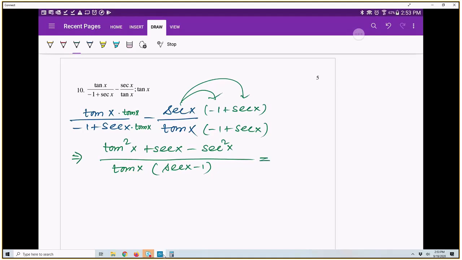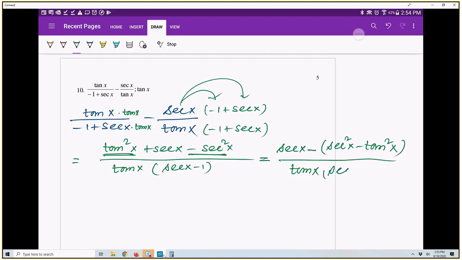So this is equal to secant x, then minus secant squared x minus tangent squared x. So what I have done, from this secant squared term and from this tangent squared term, I have factored out the minus, over tangent x times (secant x minus 1).